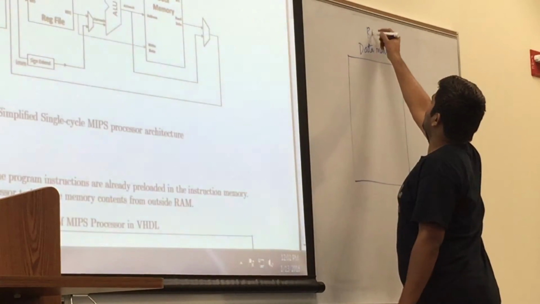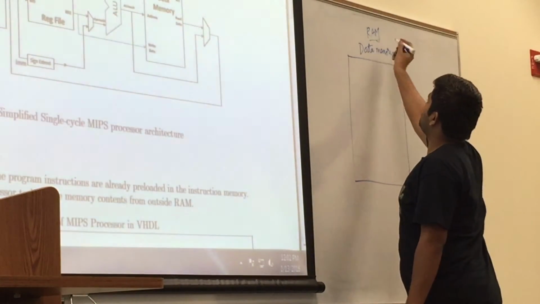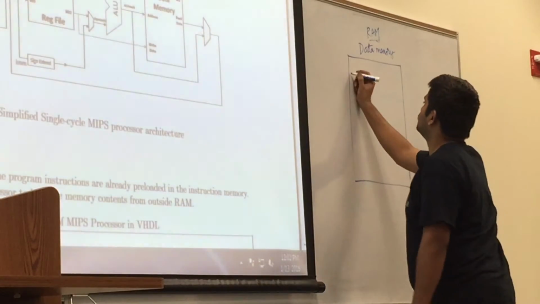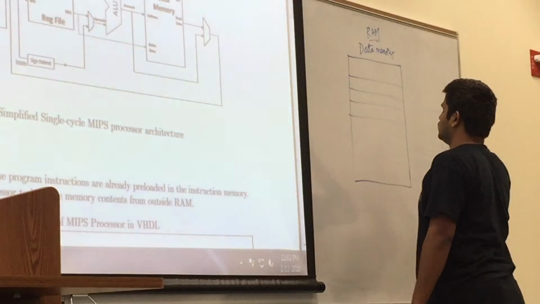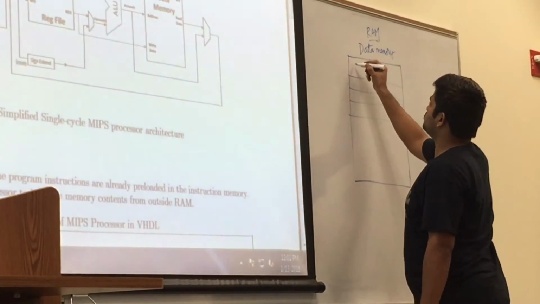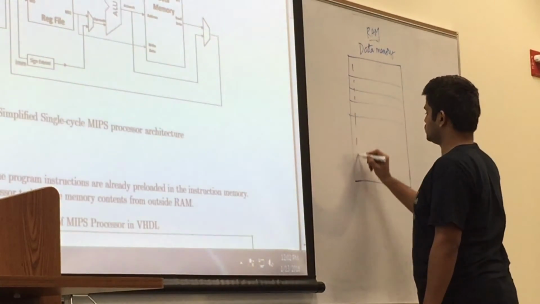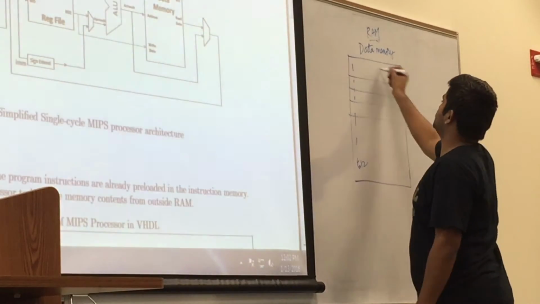Data memory is RAM, and in this you have 512 locations, each of 32 bits.